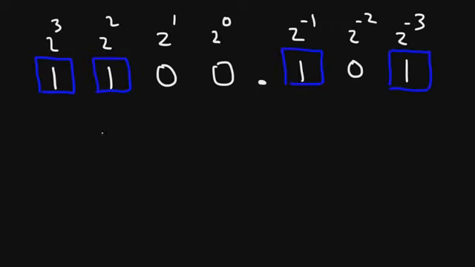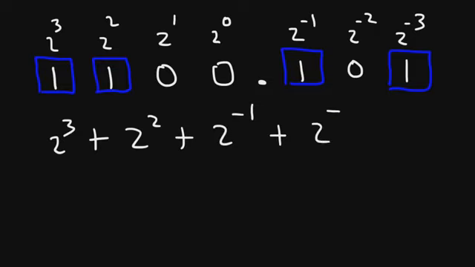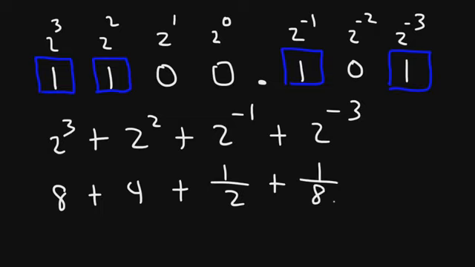And so we're going to add 2 to the third plus 2 squared plus 2 to the minus 1 plus 2 to the minus 3. Now, 2 to the third is 8, and 2 squared is 4. But now, what is 2 to the minus 1? We know 2 to the first power is 2, so 2 to the negative first power is 1 over 2. Now, 2 to the third is 8, so 2 to the negative third is going to be 1 over 8.